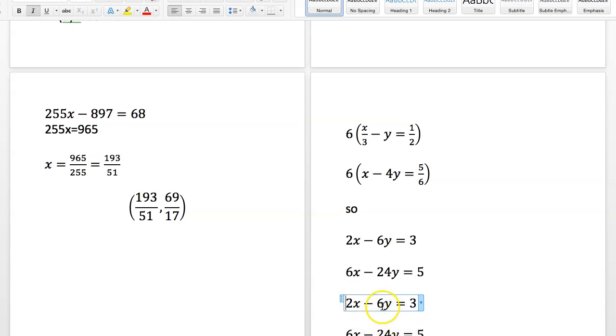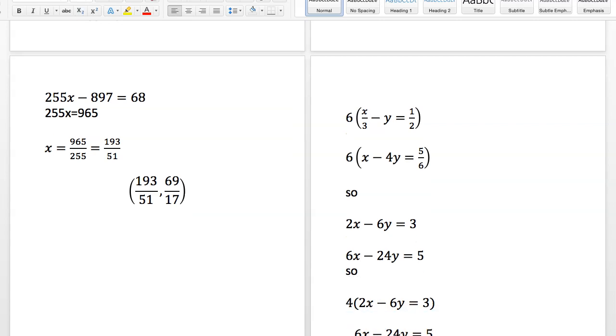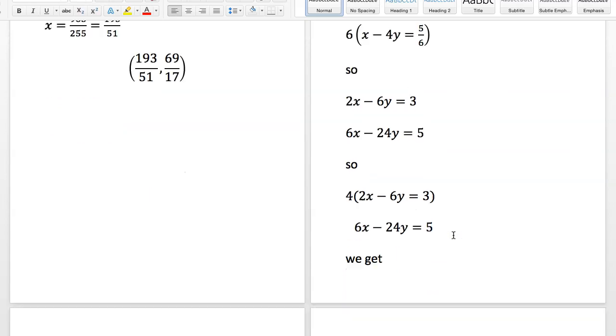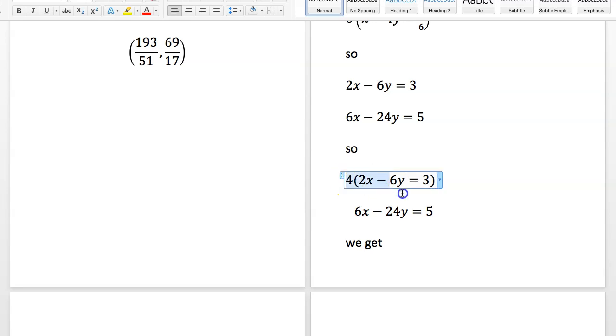Let me do something different. Well, or the same, doesn't matter. I'll line up my y's. So I'll make y 24 here. Notice 24 is already a multiple of 6, so let me multiply by 4. Well, we don't even need to do anything here. So if we multiply this equation by 4, I'm going to copy this guy on down.